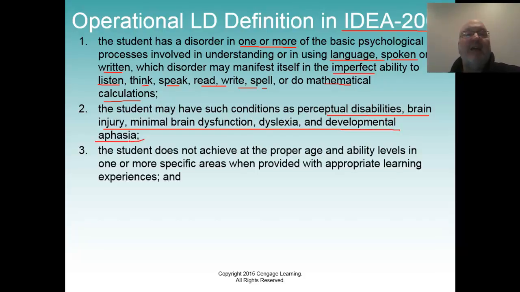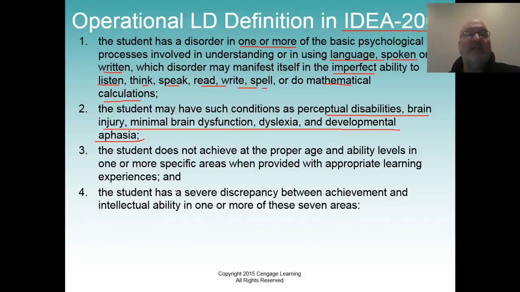And the student does not achieve at the proper age and ability levels in one or more of the specific areas when provided appropriate learning experiences, and the student has a severe discrepancy. Have you heard that term? Severe discrepancy. It goes back to this a lot, and it's changed a little bit, but this whole severe discrepancy model is based on an IQ test.